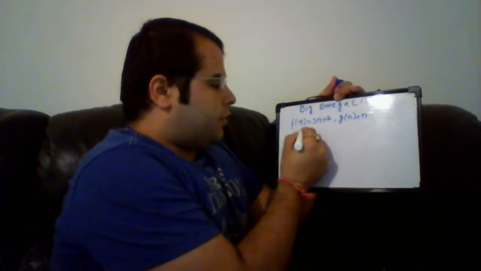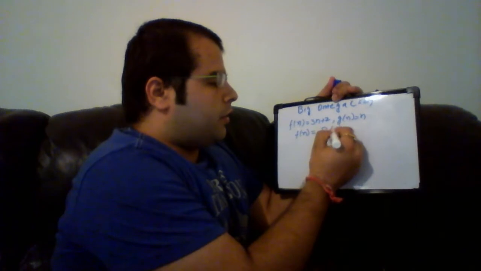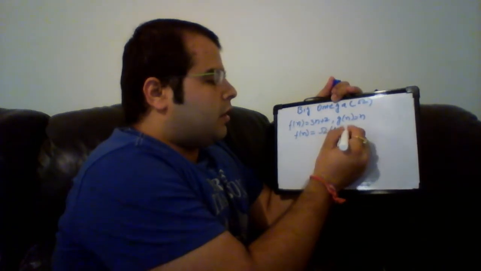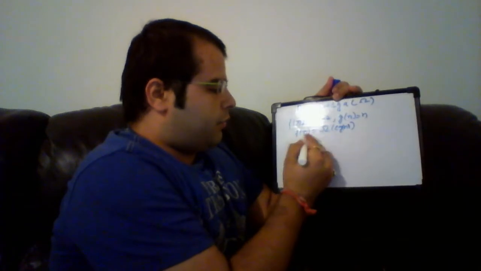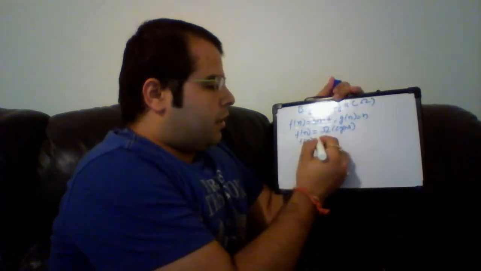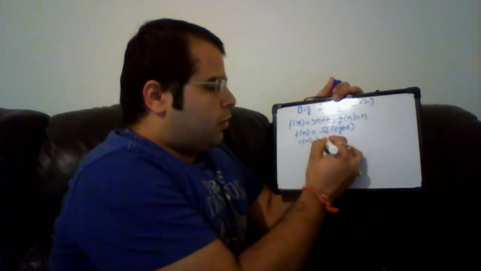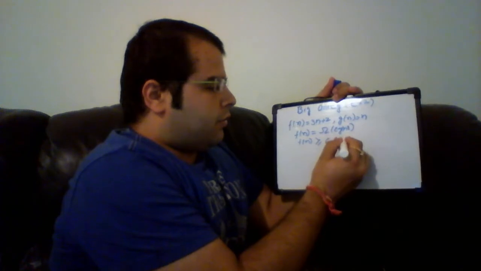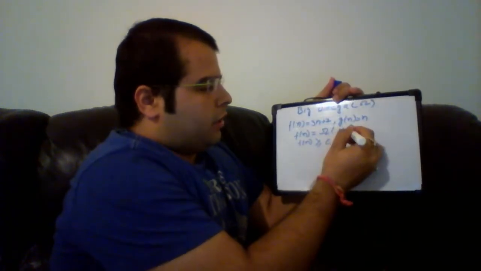Now for f of n to be equal to big omega of g of n, in this condition we have to find f of n to be greater than or equal to c of g of n. I'm sorry, it should be g of n only.